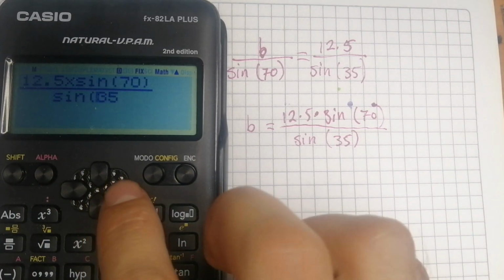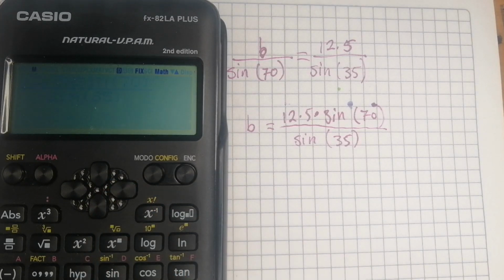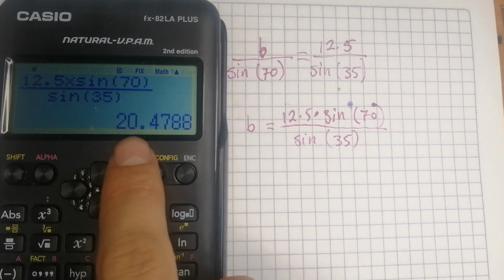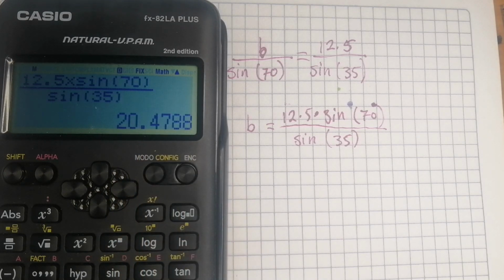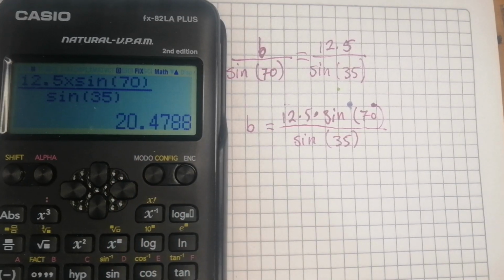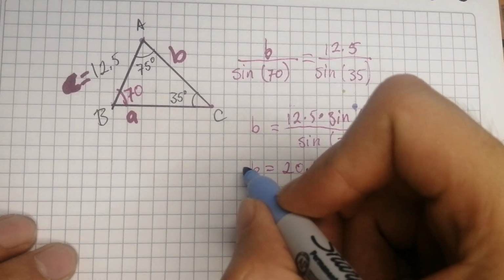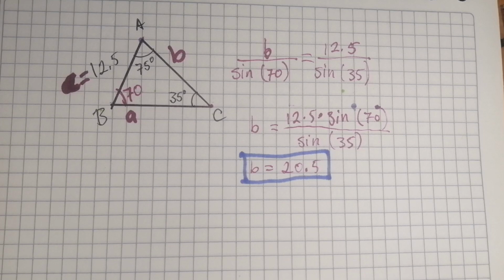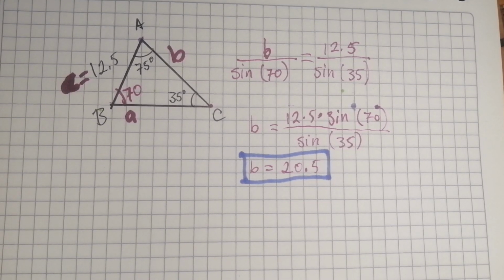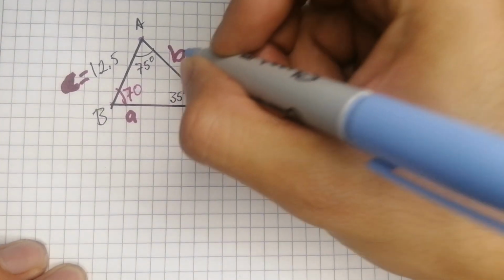What is the error? I didn't close this parenthesis, and I have 20.47, let's say 20.5. So the solution to the question, what is the length of my side B, is that the length of this side is equal to 20.5.